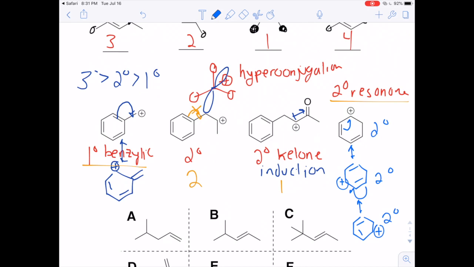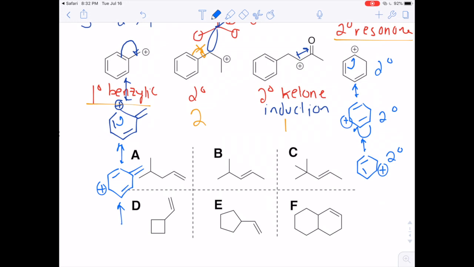All right, so then if I were to look at the primary benzylic, and we were to show alternate resonance structures, we already showed one of them, and we can keep going around the ring. There's another one as well. And there also is one more.